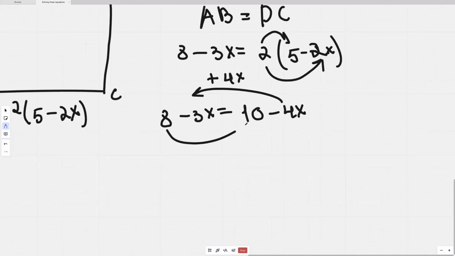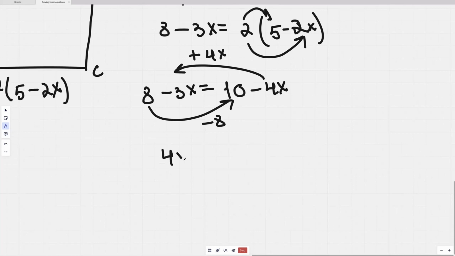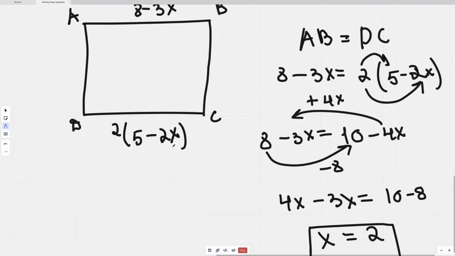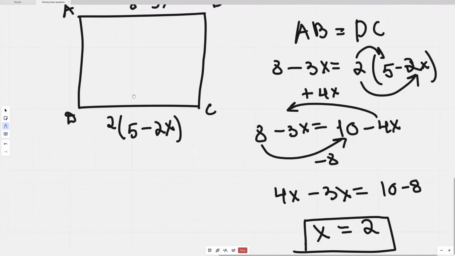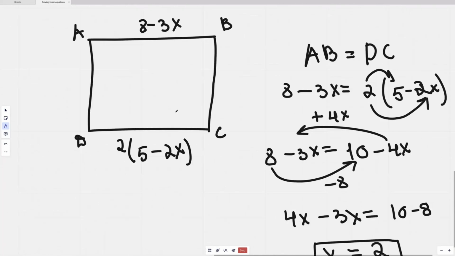Then 8 will go as negative 8 to the right-hand side. So 4x minus 3x is equal to 10 minus 8. Then x is equal to 2. So the question asked about finding the value of x, and we found it by equating the opposite sides of the rectangle.